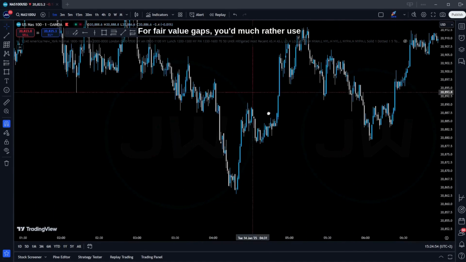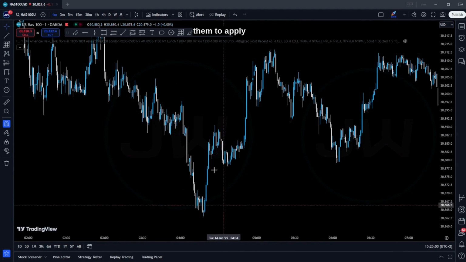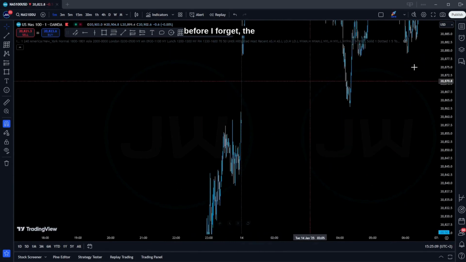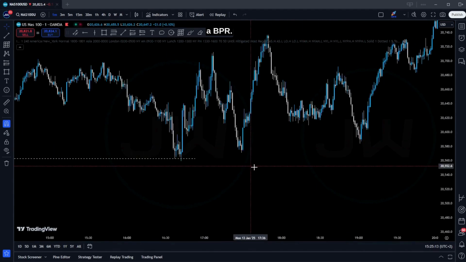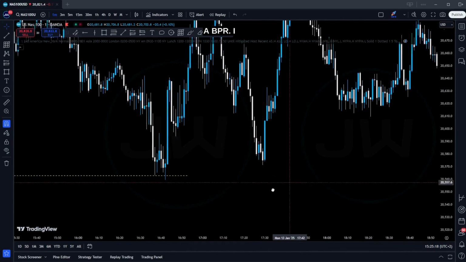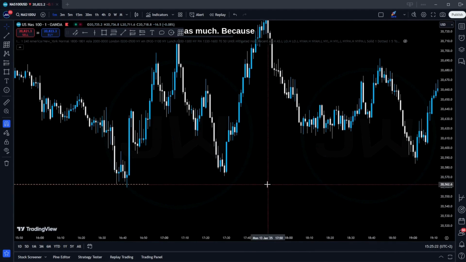And for fair value gaps, you'd much rather use them to apply a retracement entry. So before I forget, the last thing I did want to mention was a BPR. A BPR, I don't acknowledge as much.